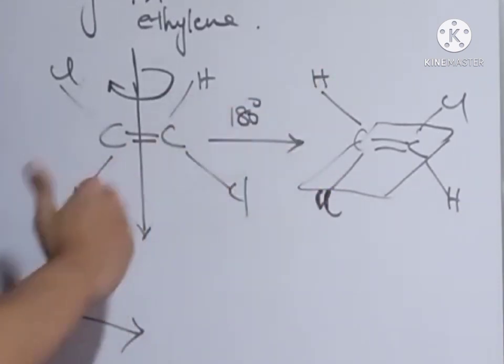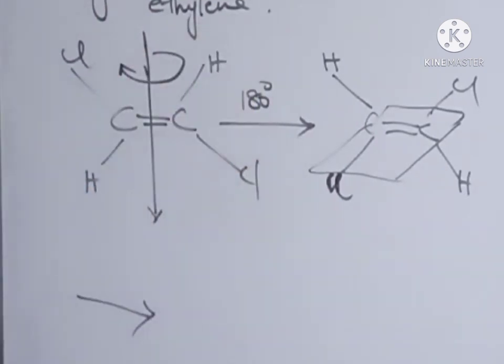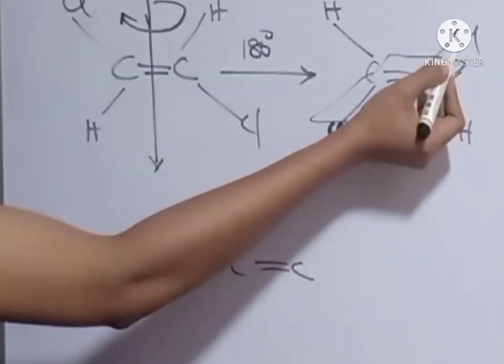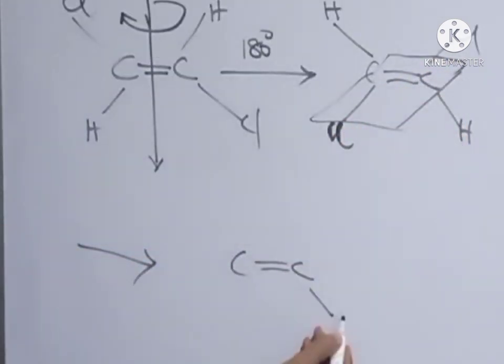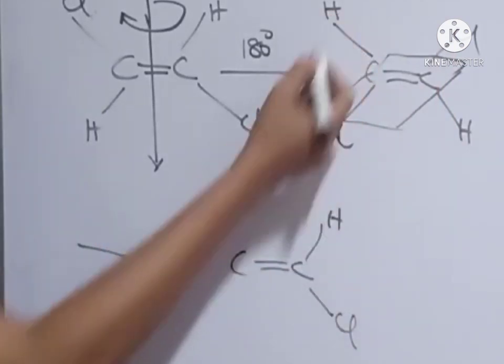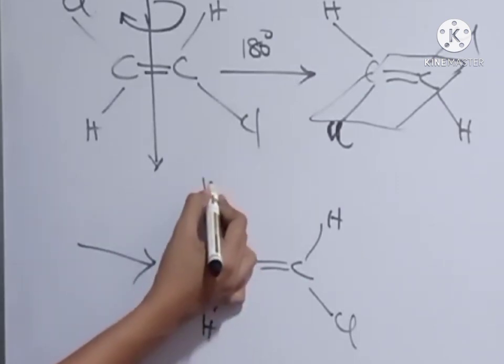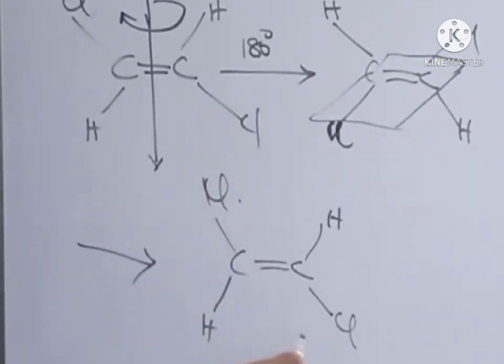If we draw the mirror image of this molecule, the resulting structure will be like this. C double bond C, this chlorine will come here, this hydrogen goes there. Same way this hydrogen comes here and the chlorine goes there. So, the final structure obtained is this.